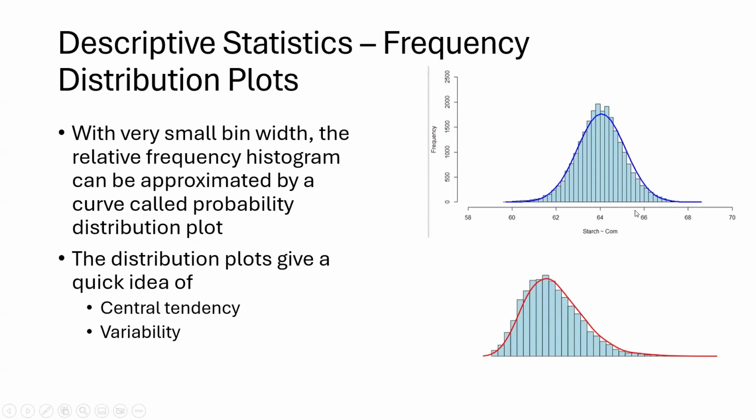We can also see that there are fewer values from 66 onward and 62 backwards, and there are more values in this range. So we can have an idea of variability and the skewness as we discussed. We can see that this graph is skewed, but this one is not. We are going to see many of these probability plots very frequently in our course.